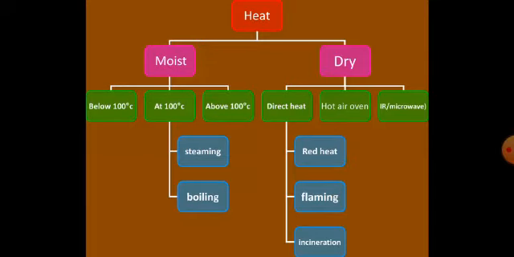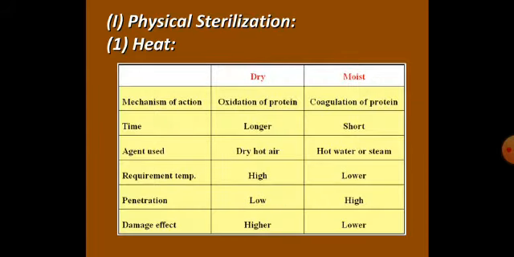We will begin talking with heat. There are two types of heat: moist heat and dry heat. When we compare between the moist heat and the dry heat, the mechanism of action of this heat on the microorganism, dry heat makes certain oxidation of certain proteins present in the bacteria, followed by extensive dryness, while the moist heat causes coagulation of the total protein of bacteria.